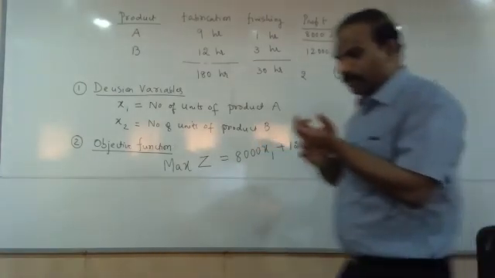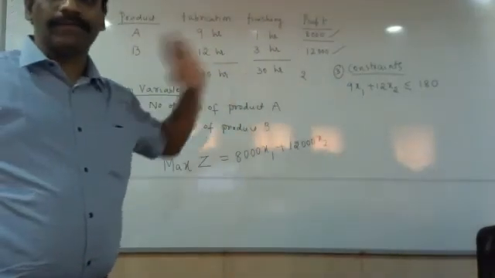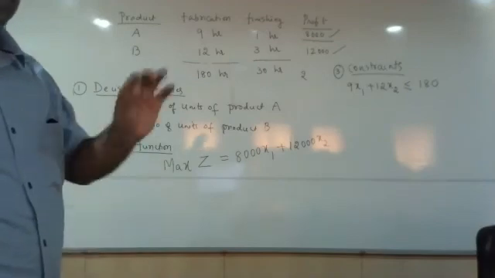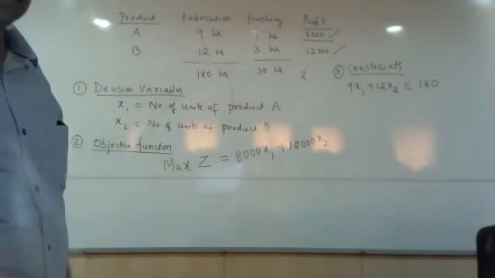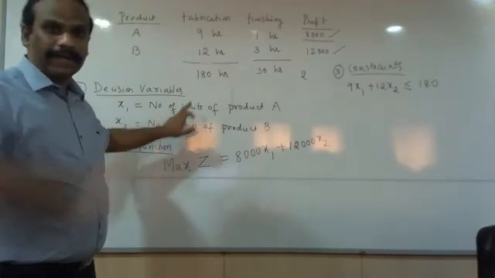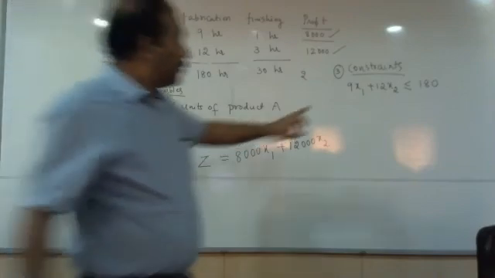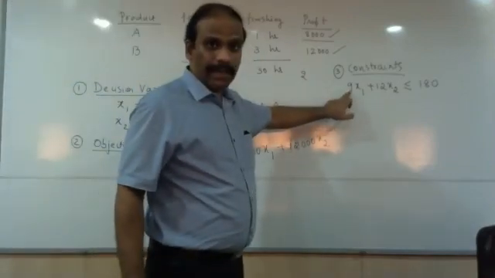Now I want everyone to please explain what exactly the meaning of this equation is. 9x1. You can see that x1 is nothing but the number of units of A. In this problem, the meaning of x1 is the number of units. To manufacture each unit, 9 hours of time is needed.